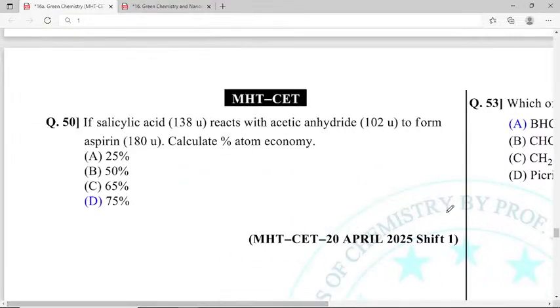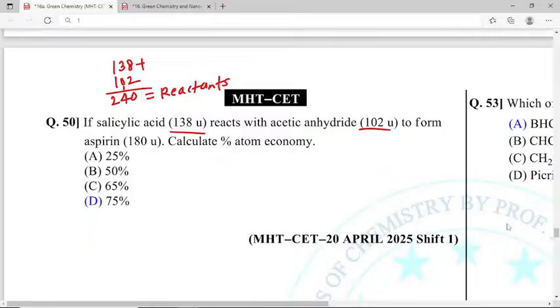If salicylic acid reacts with acetic anhydride to form aspirin, calculate the percent atom economy. So salicylic acid reacts with acetic anhydride, 138 plus 102. How much value came? This is 10, this is 4, this is 240. So 240 is the reactants to form aspirin.